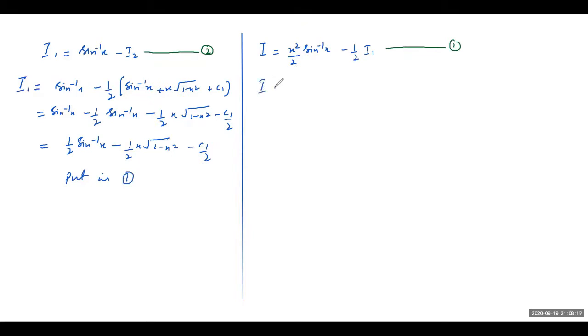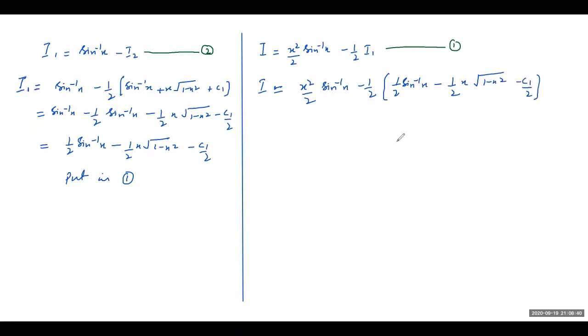Integral I is equal to x square by 2 sine inverse x minus 1 by 2 into I1, and this is I1, just put the value here: 1 by 2 sine inverse x minus 1 by 2 x into square root of 1 minus x square minus c1 by 2.